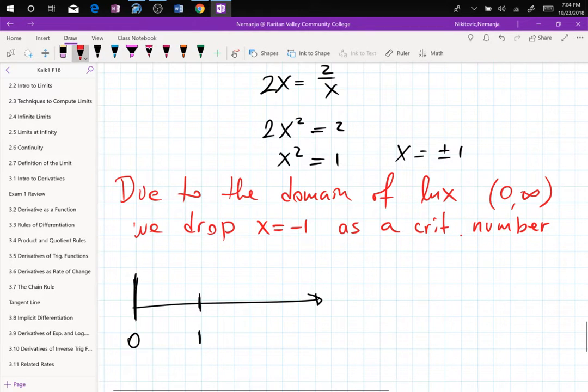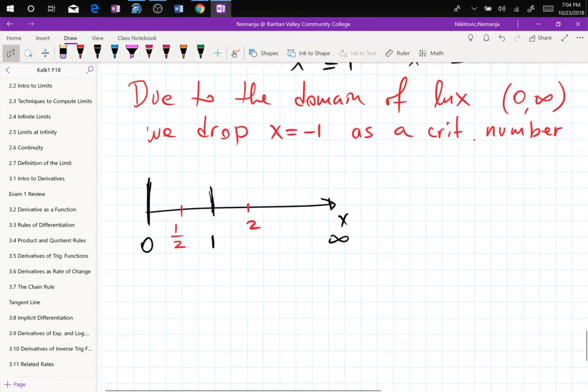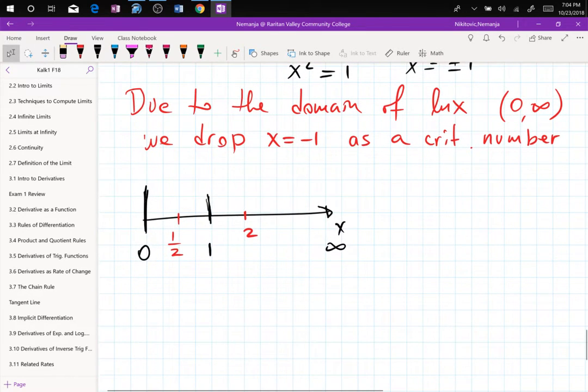So my test points to check are 1/2 and let's say number 2. Those are the two values that I want to test. I hope you guys see that this is the domain 0 to infinity.